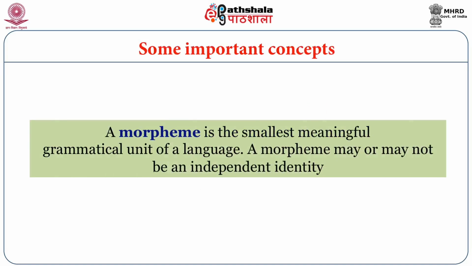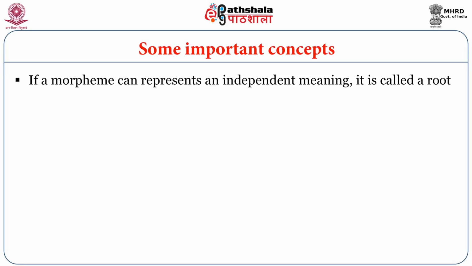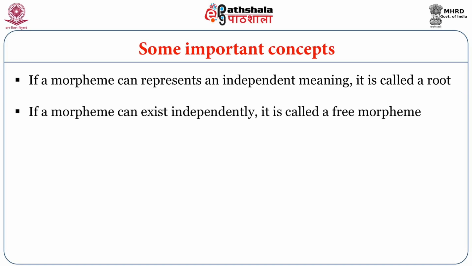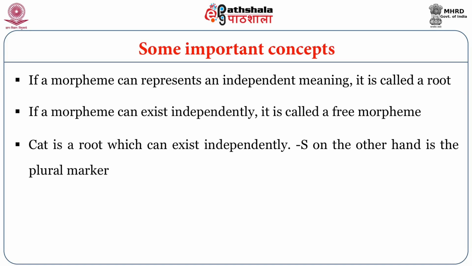A morpheme is the smallest meaningful grammatical unit of a language. A morpheme may or may not be an independent entity. If a morpheme can represent an independent meaning, it is called a root. If a morpheme can exist independently, it is called a free morpheme. Like cat is a root which can exist independently.